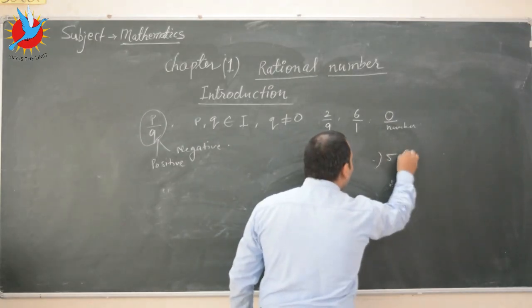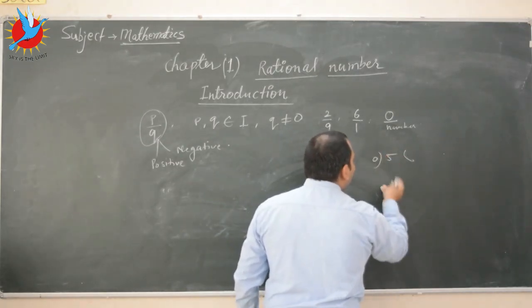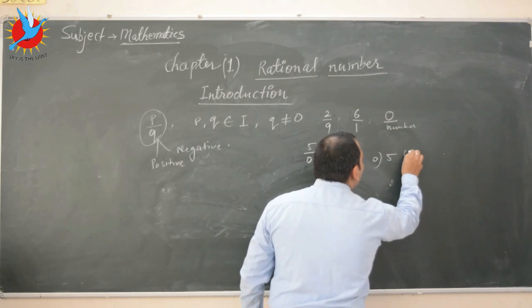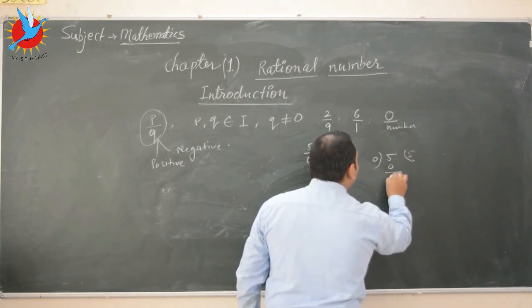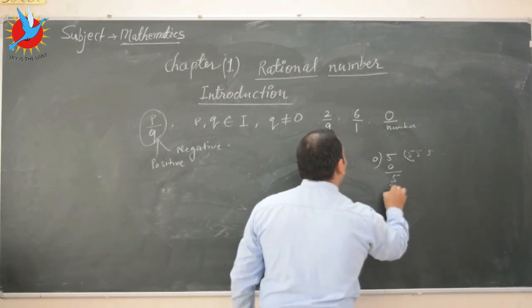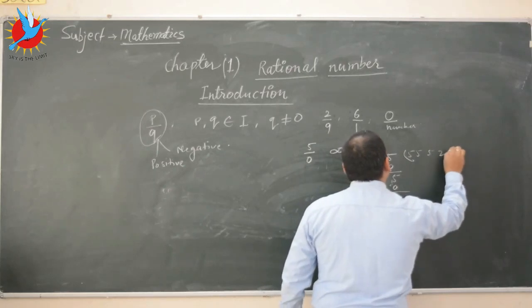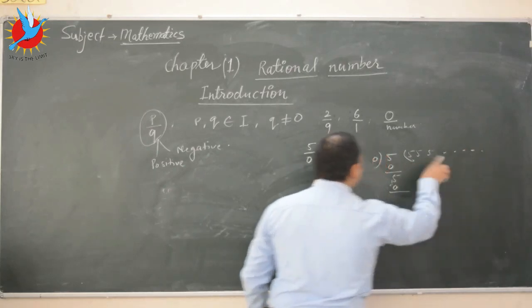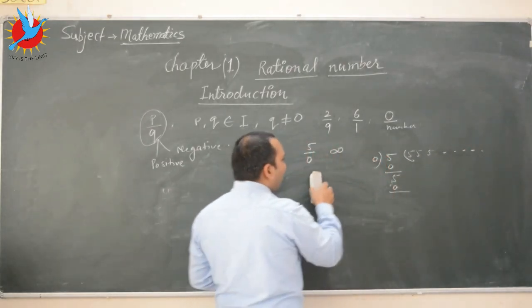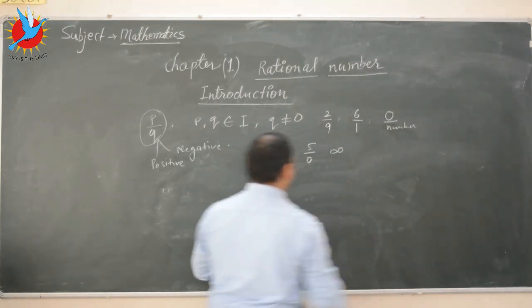If we divide 5 by 0, it is not defined. So 5 upon 0 is not defined.